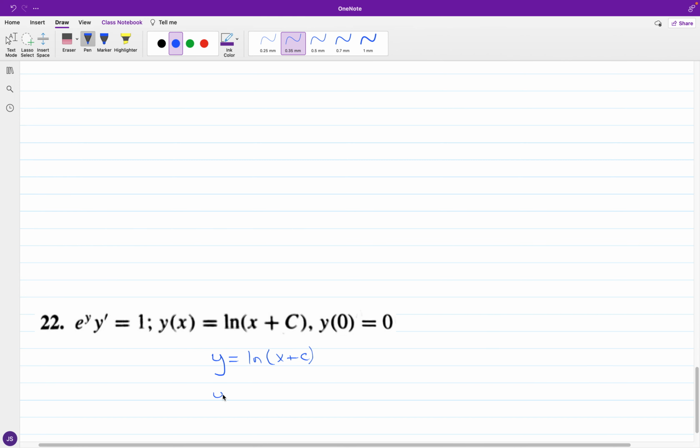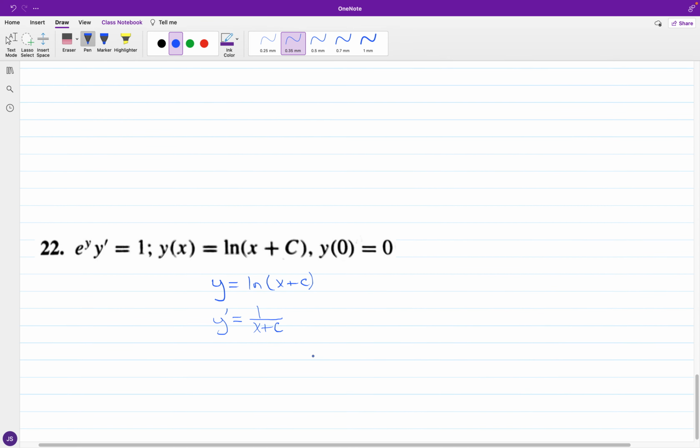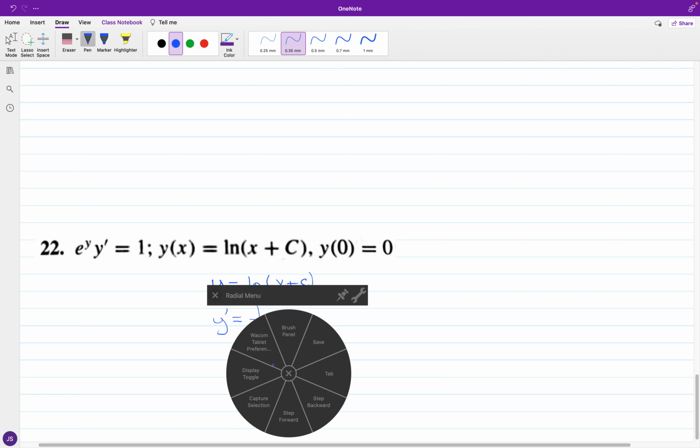And if I take the first order derivative, x plus c has a derivative that just goes to 1, so no special kind of substitution is necessary. So the first order derivative is going to be the multiplicative inverse of x plus c.